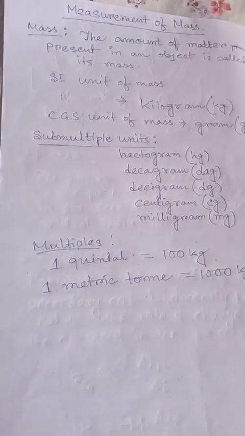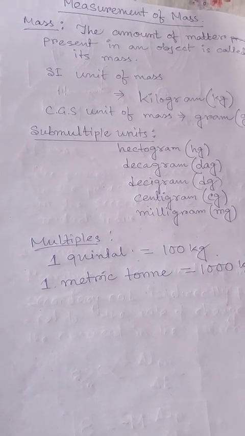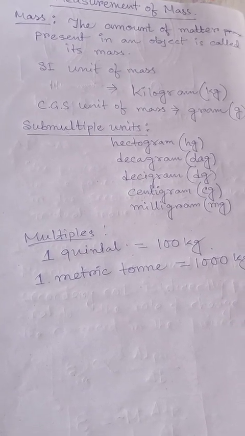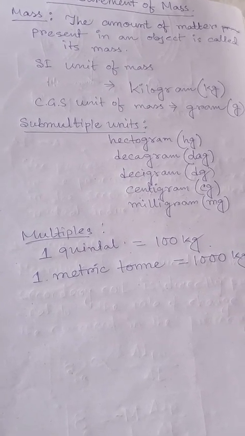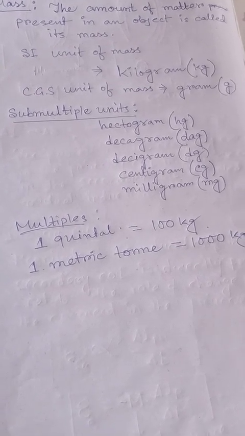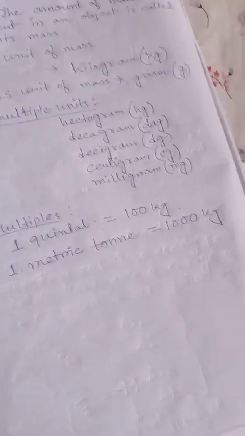Clear? Now, what are the main devices which we use to measure the mass? The main device is the beam balance. What is a beam balance? I am showing you the image of that beam balance. You see this beam balance in every grocery shop.